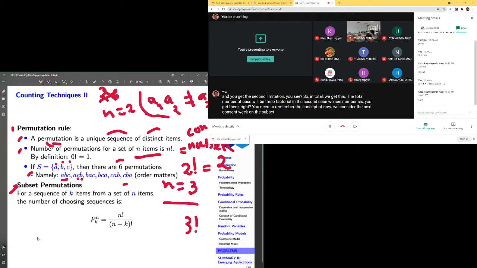So, briefly speaking, the last formula here is a kind of generalization of the one we learned up there. Okay? So, this is about the permutation. We employ that one when you compute the probability of an event. So, this is the second technique you require when you compute the likelihood of an event.